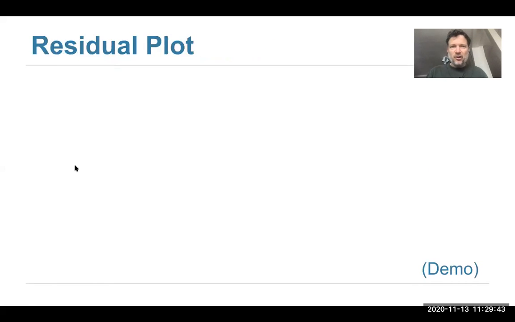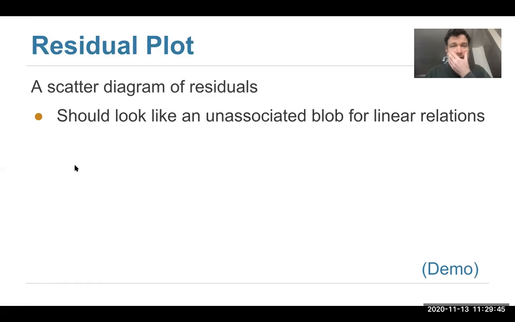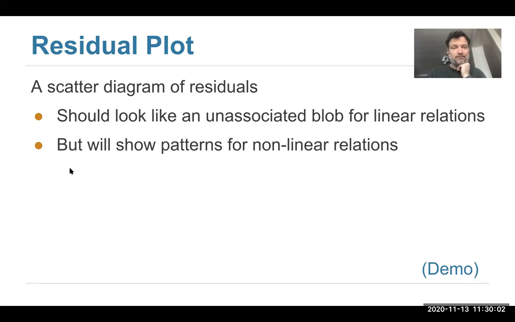All right, so let me summarize what I've said here. When you look at the scatter plot of the residuals, the sanity check is look at that scatter diagram, and it should look like a blob without patterns if the data has a linear association. So if it doesn't look like one of these patternless blobs, then that's a warning sign.